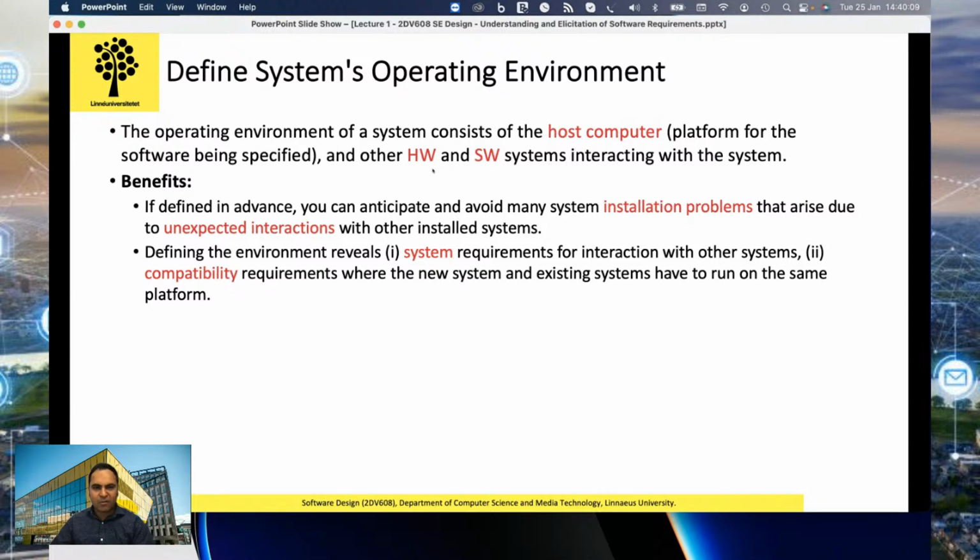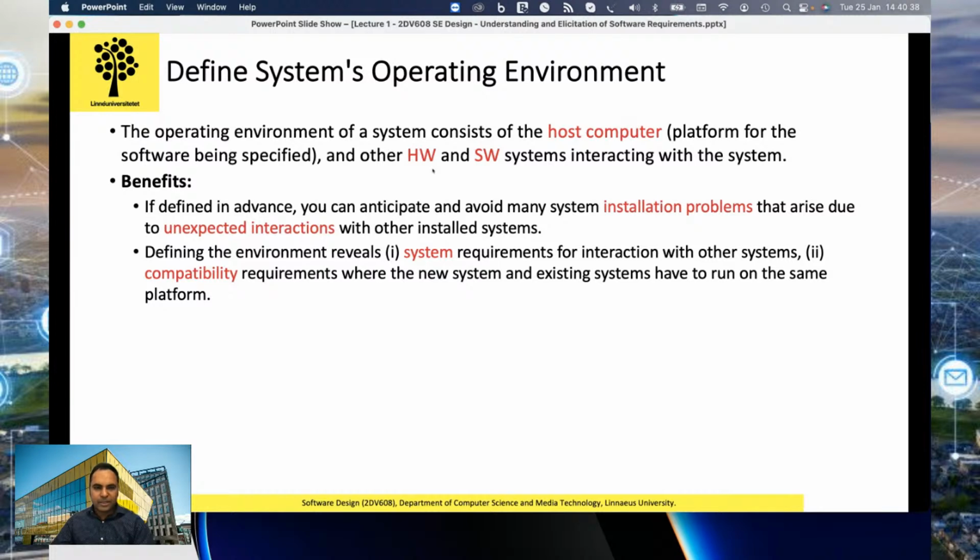And the benefit of identifying this operating environment is also that when you are done with the development and you need to deploy this system, you can foresee some of the installation problems, and you can thus design your system to avoid, for example, unexpected interactions with other third parties.